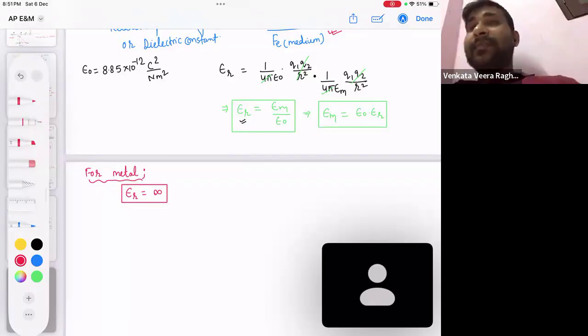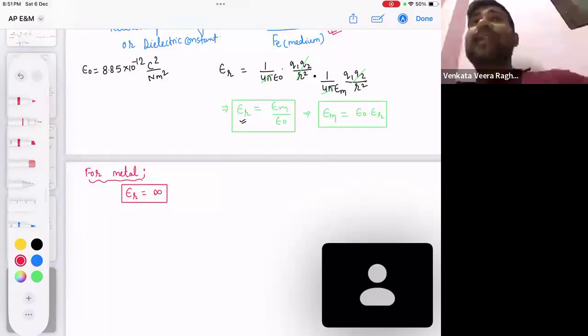That's why, when we discuss the properties of a conductor, you will see that a conductor has zero electric field inside it. In electrostatics, the field inside a conductor is zero. Understood? It is also called electrostatic shielding.